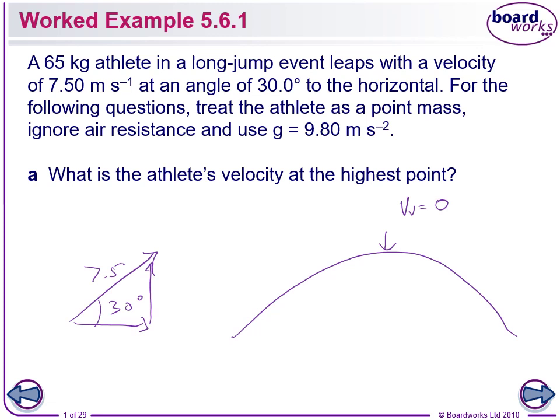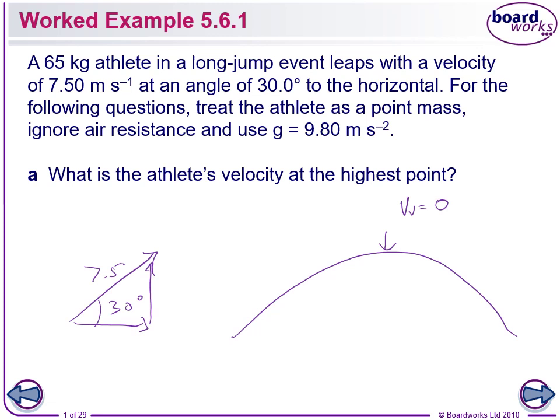Now, what do we remember about horizontal velocity? It's constant. It doesn't change, because as long as there's no air resistance, we can assume that the horizontal velocity is constant. So if we can work out our horizontal velocity at the start, we're going to have our horizontal velocity at the top of that jump.